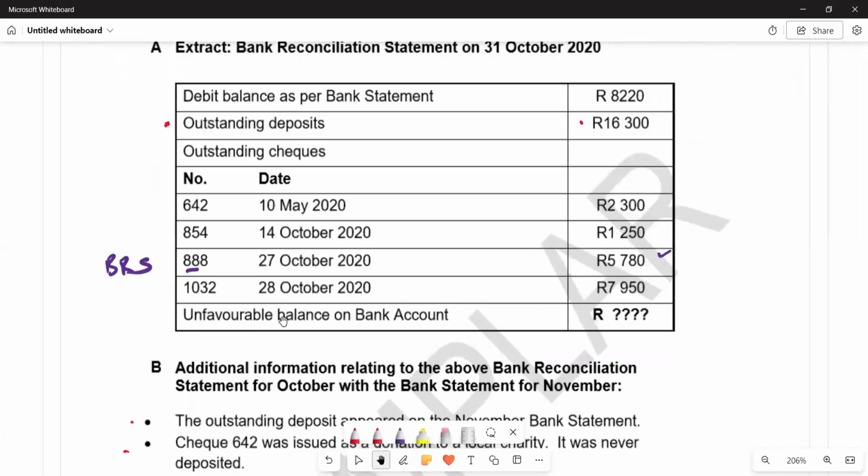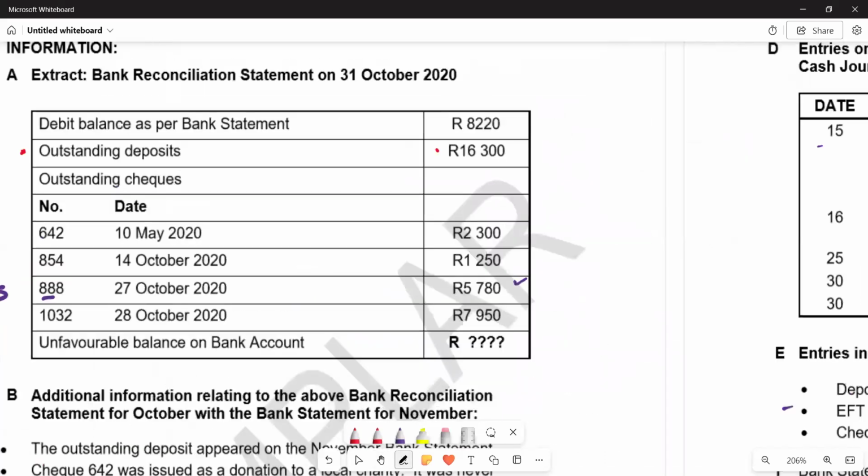So to find the bank balance for the previous period, we start from here. This is the debit balance as per bank statement. When it's a debit balance, it will be a negative figure. So we are going to say negative 8,220. You add the deposit which is 16,300. These outstanding checks we're supposed to subtract them. Subtract 2,300.